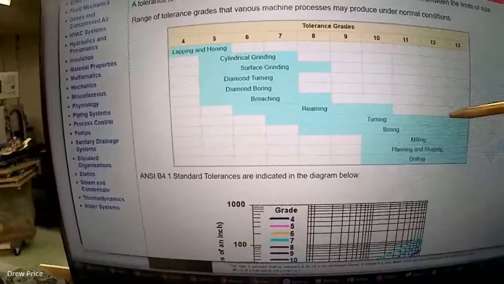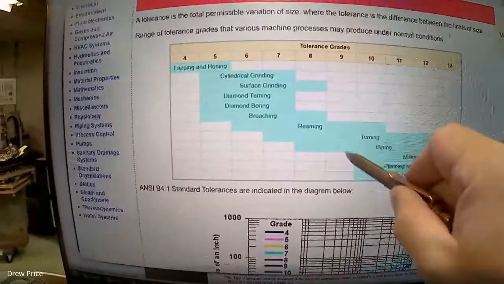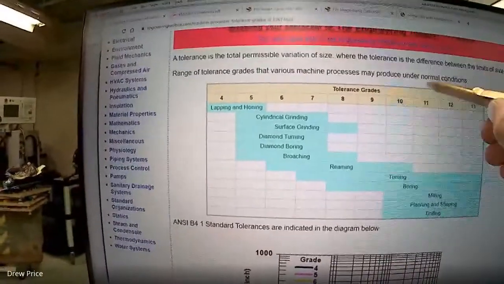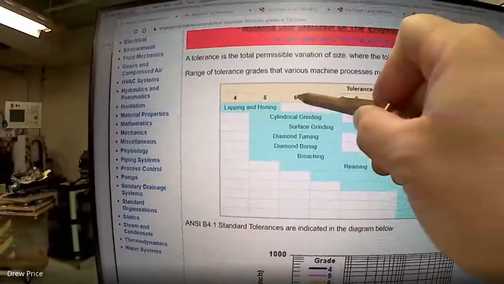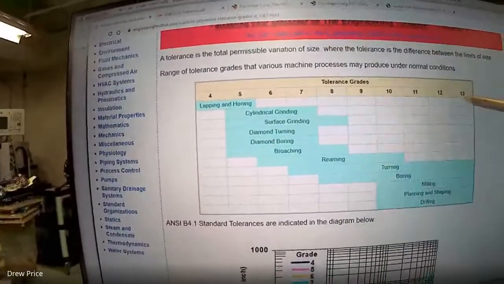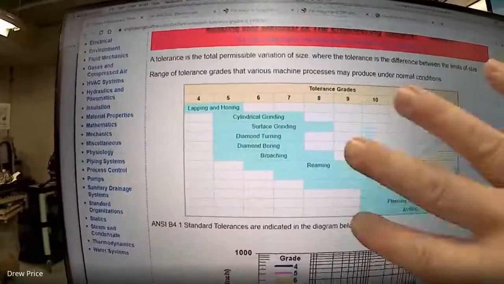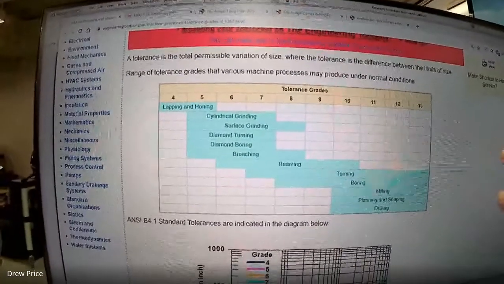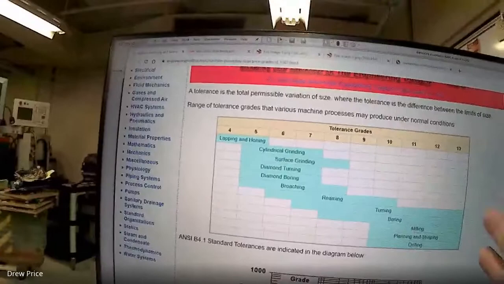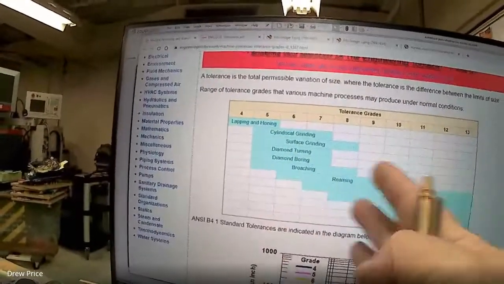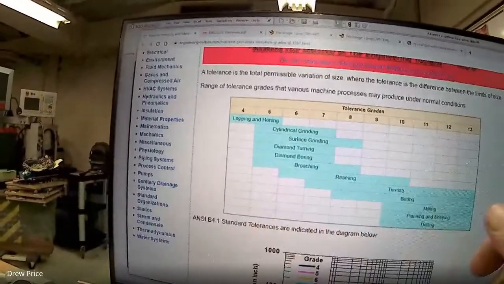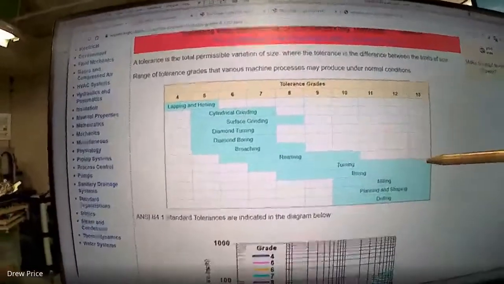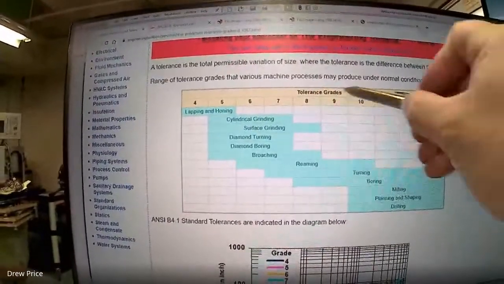So things that you would see in the machine shop are generally in this category, and you can look up in lots of different charts the different grades for what that tolerance will provide. So the rougher or lower tolerance methods are to the right, and the tighter and more precise tolerance methods are to the left.